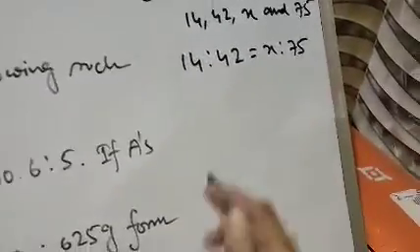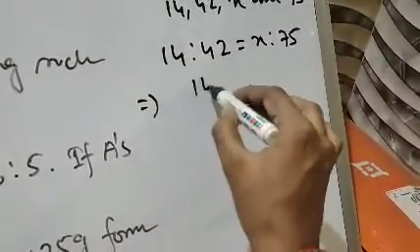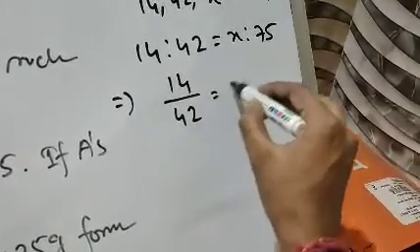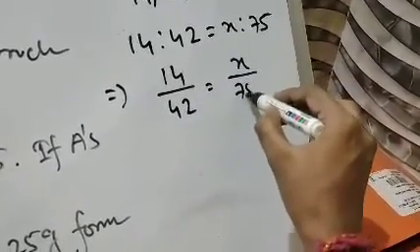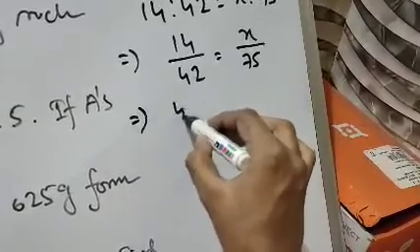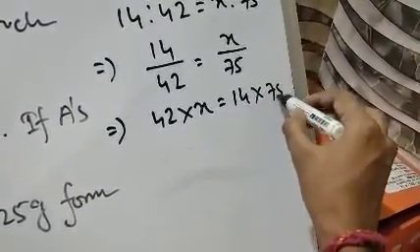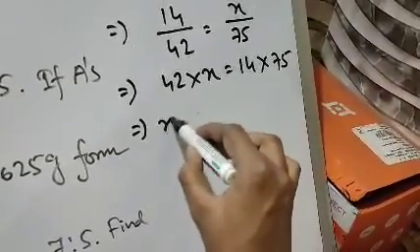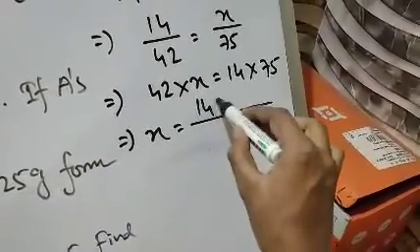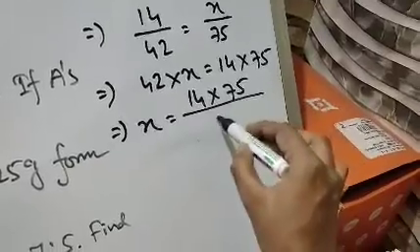Now simplify. 14 by 42 is equal to x by 75. Now cross multiply. 42 multiplied by x equals 14 multiplied by 75. Therefore x equals 14 into 75 divided by 42.